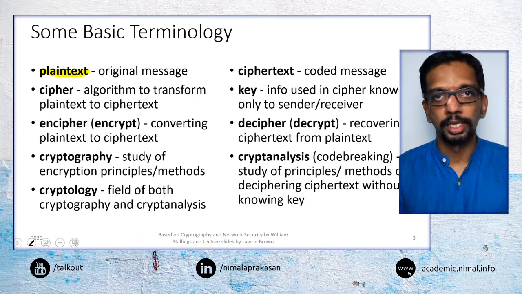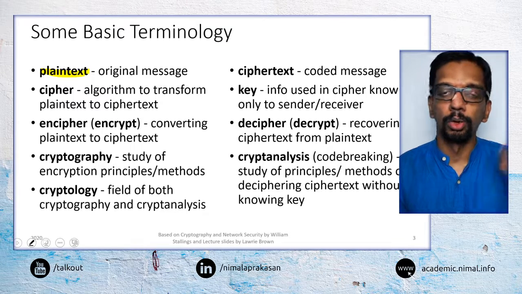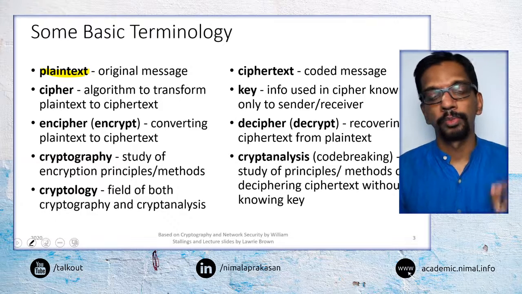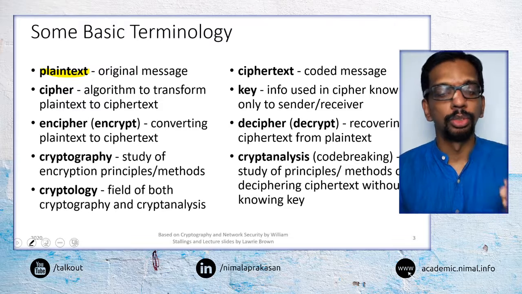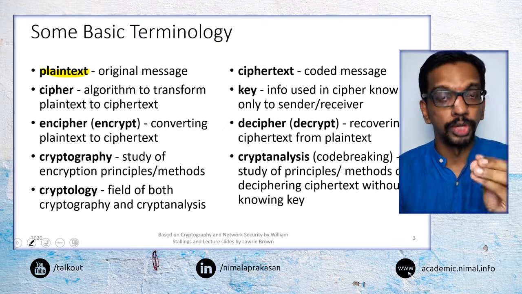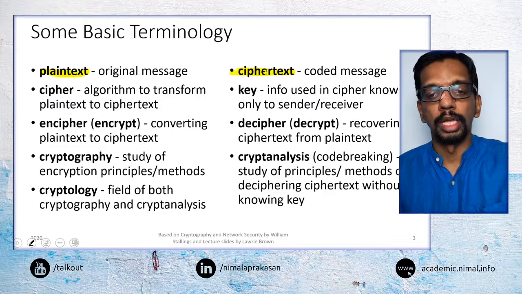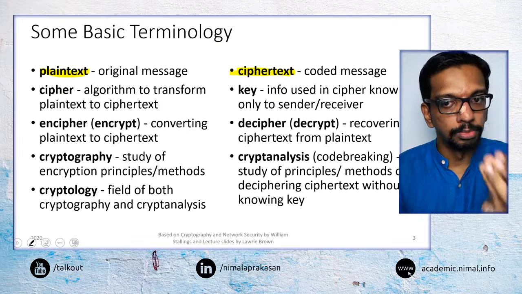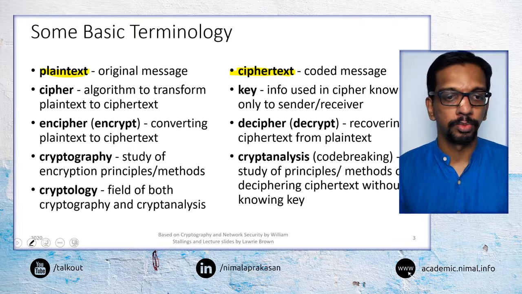That is anything that is readily readable by the sender or the receiver. When we encrypt that into something that is not readable, something that is coded, that is what we call the ciphertext. That is the text that comes as a result of doing the encryption.